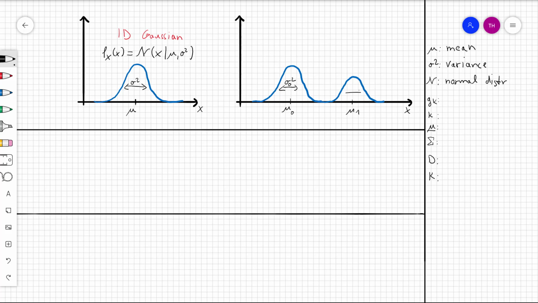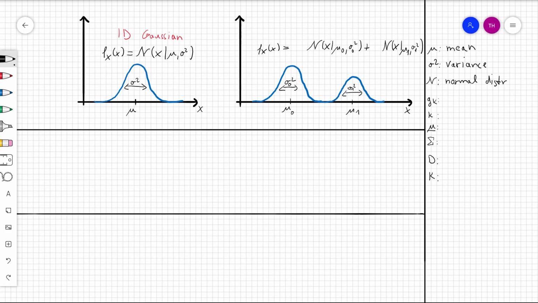Then how could we mathematically express the overall distribution we see here? It's very easy. We simply add the 2 distributions. So the normal distribution of x depending on mu 0 and sigma 0, and the distribution depending on mu 1 and sigma 1.